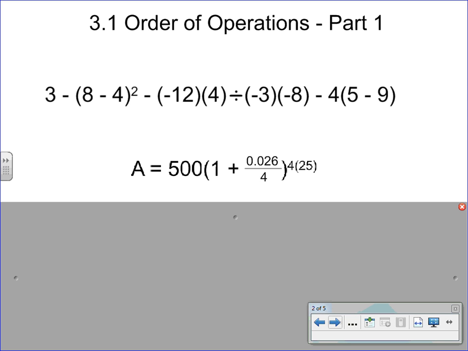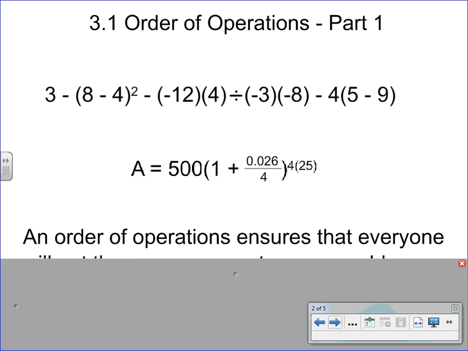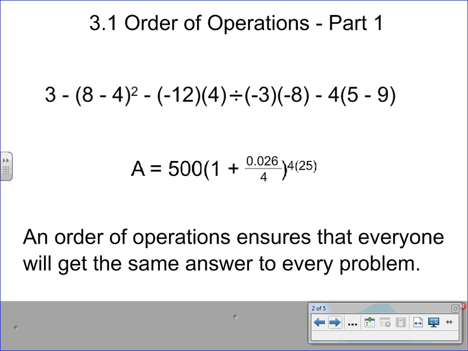But if a different bank down the street offers someone else who puts the same amount of money in a larger amount, like $6,000 in interest, that's not really fair to me. So we want to make sure that when people are calculating mathematical, numerical expressions, we do it the same way and we get the same answer. That way it makes it fair for everyone. So to answer that first question, an order of operations will ensure that everyone gets the same answer to every problem.